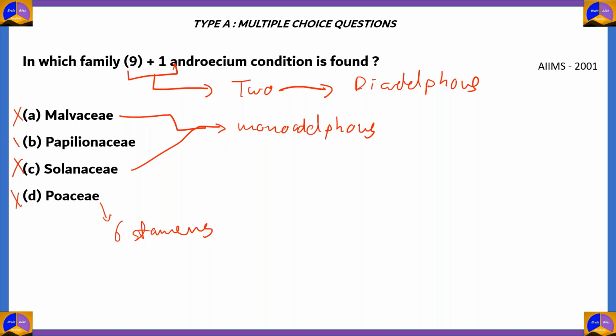So the right answer is option B, Papilionaceae. It is characterized by the 9+1 arrangement. So they have 9 fused anthers containing one structure and another free anther containing another structure. So they are in a diadelphous condition, even though they have 10 stamens.